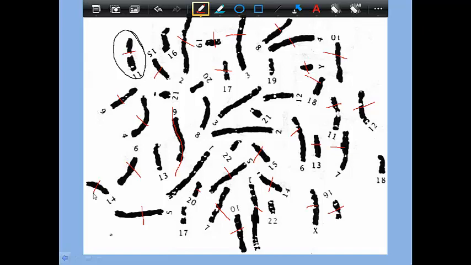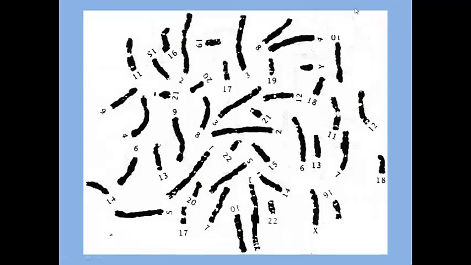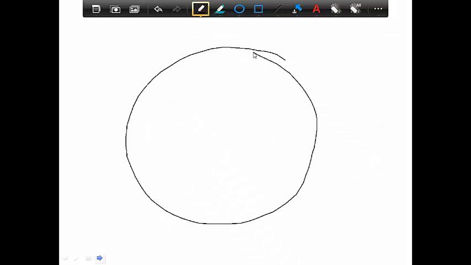Don't do it yet, because when you're snipping them in half, I want to make sure that you're staying organized. Again, I'm going to draw my cell one more time. Here's your cell. Here are your two sets of homologous pairs that have divided from each other.